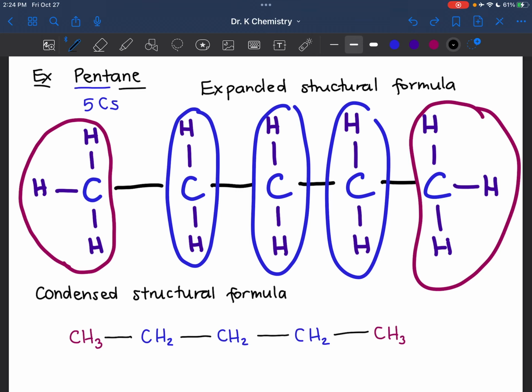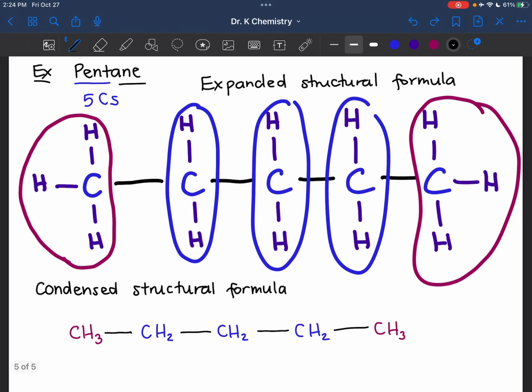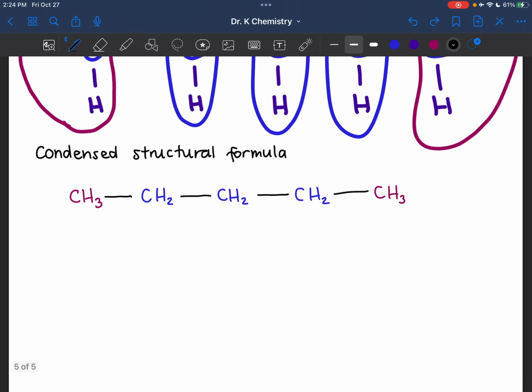Sometimes this gets collapsed down even further, especially when you start getting into fats, like fatty acids, and you have 10 or more units of CH2. It gets really, really long and tedious to write all of those out. So this can sometimes be condensed down even further. I see that at the ends I have CH3s. In the middle, I have 3 CH2 units.